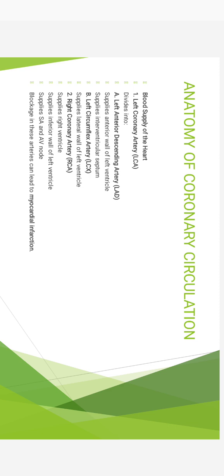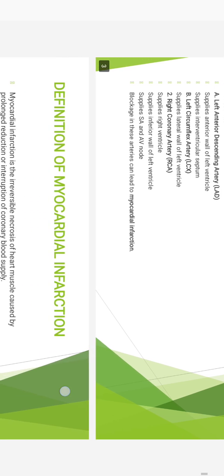The second main coronary artery is the right coronary artery, or RCA. It supplies the right ventricle, the inferior wall of the left ventricle, and sometimes the SA and AV nodes responsible for cardiac conduction. When any of these arteries become blocked, oxygen delivery decreases, leading to ischemia and myocardial infarction.